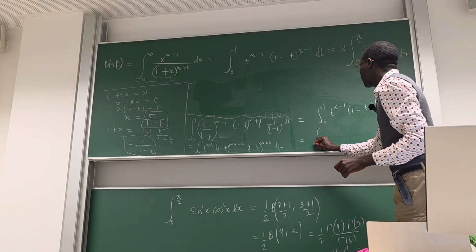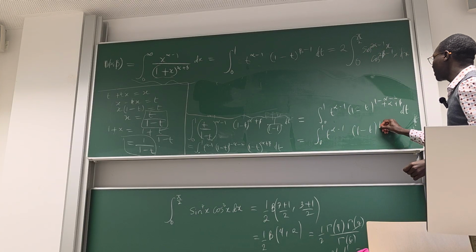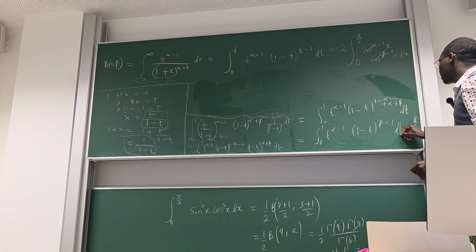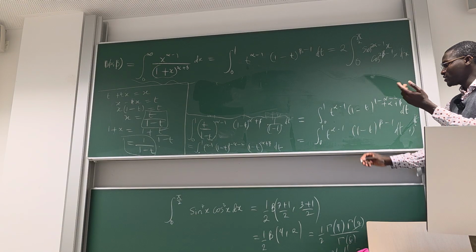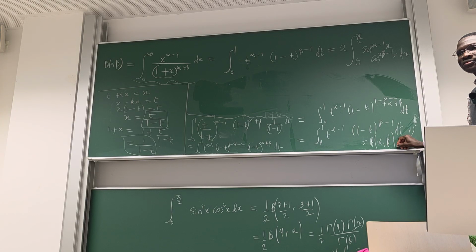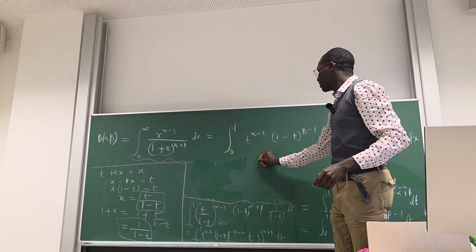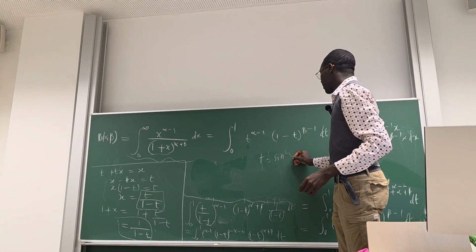So what do we have left? We have t to the alpha minus 1, 1 minus t to the beta minus 1 dt, and this is just B of alpha, beta. That's it.